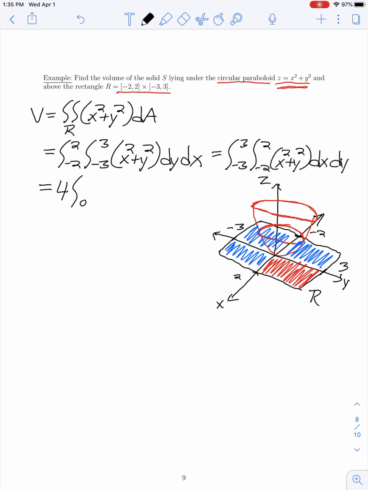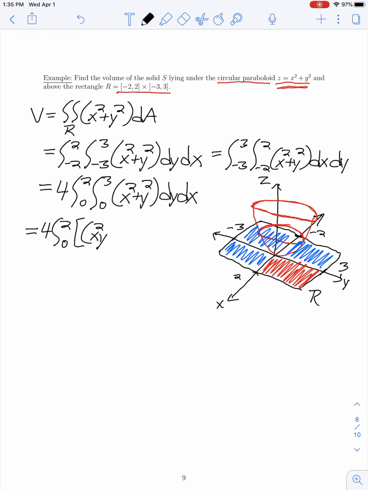So to save ourselves a little work here, making use of symmetry of our region, we could say, well, let's take 4 times the integral over our rectangle in the first quadrant. That would be from 0 to 2 and from 0 to 3, the function x squared plus y squared in the order dy dx.